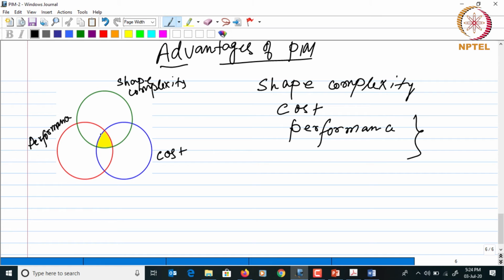So there is a region which is the intersection of these three circles representing these three parameters, and this intersection is actually the PIM region.